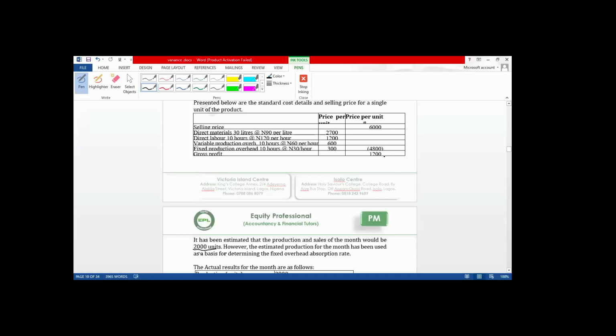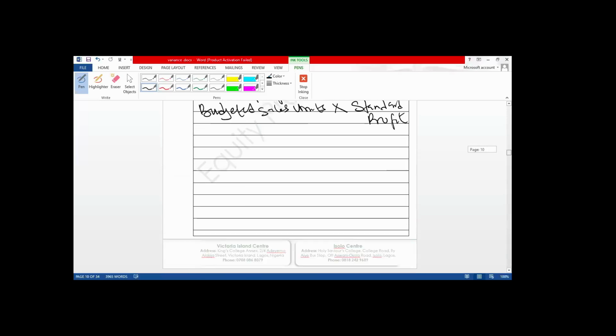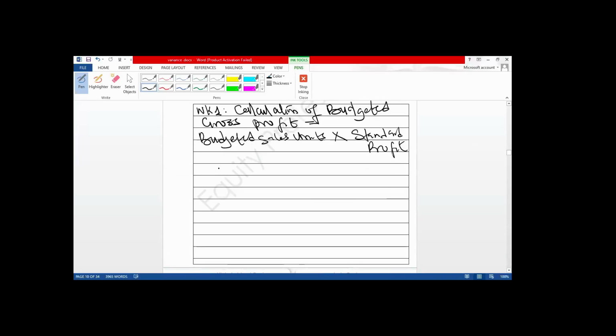Gross profit per unit, standard, 1,200. Our budgeted sales units, 2,000 units. Standard profit per unit, 1,200.